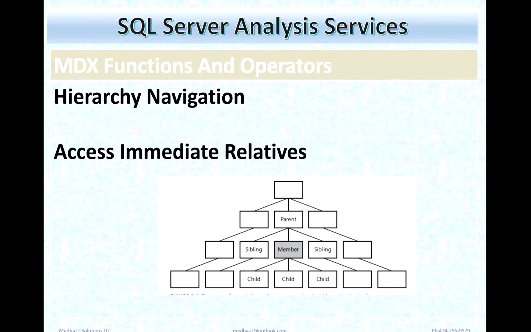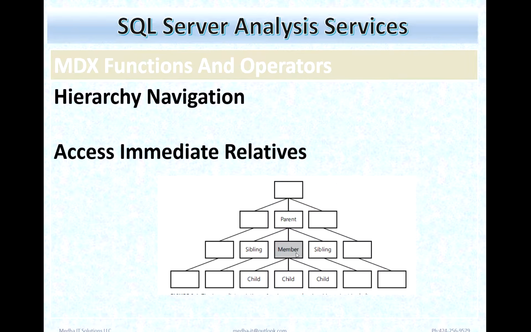Okay. So, this is called hierarchy navigation. That means how you navigate within a given hierarchy. So, we are talking about navigation in one hierarchy, not across hierarchies. If you look at this picture here, we are talking about immediate relatives.